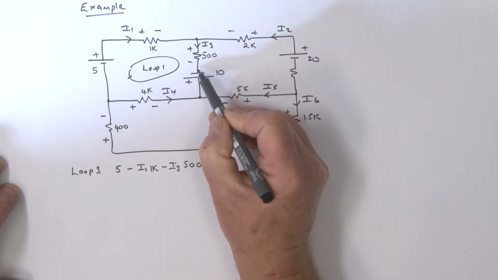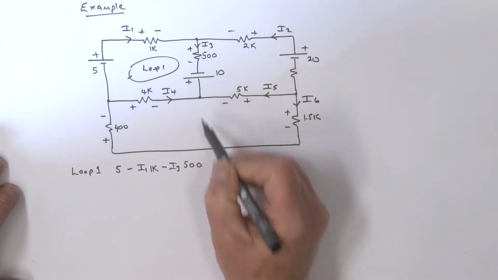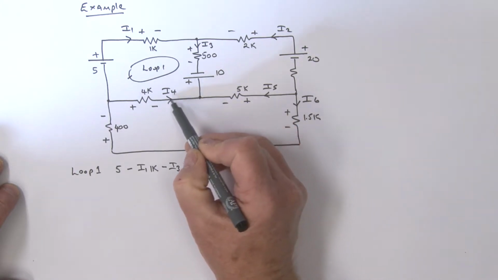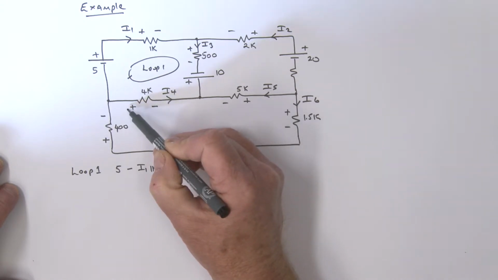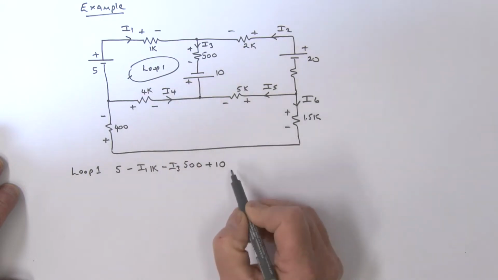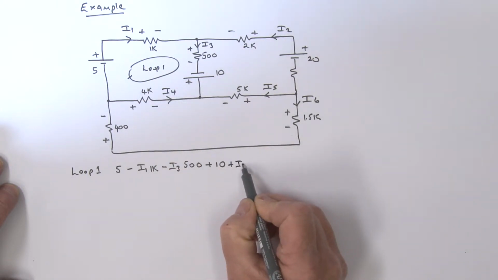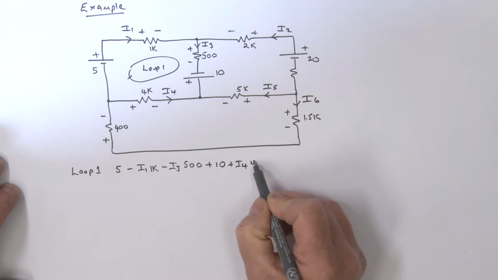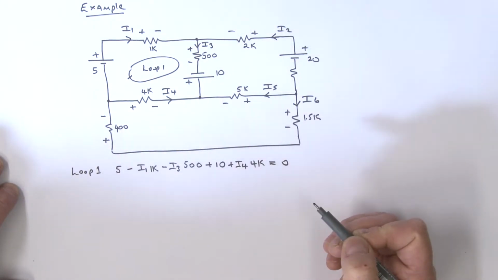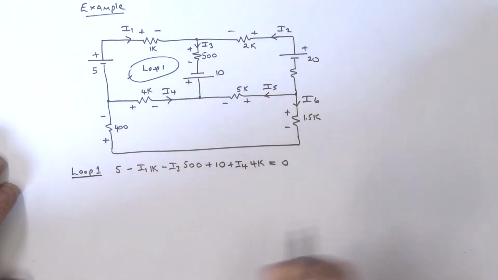Our voltage source sitting here, we're going from a minus to a plus, so that is a plus 10. Coming on round this way, we're going from a minus to a plus, we're going up in voltage again, so that's a plus I4 times 4K, and we're back to the beginning, so all of that is equal to 0. That is loop number 1.